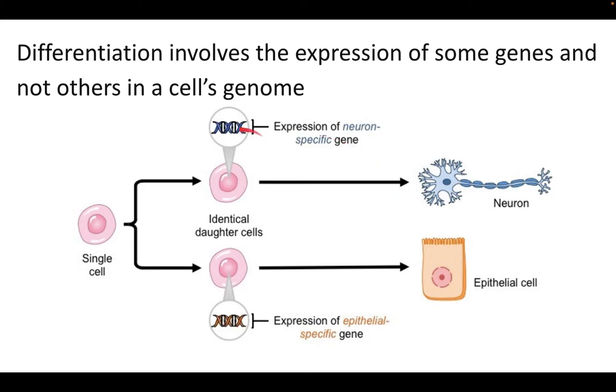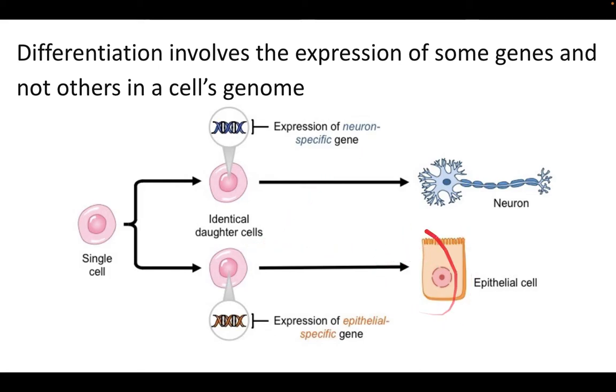It means that you will select certain recipes based on what you want. And cells are similar. So here we have a neuron. It is a neuron because within the cell that became a neuron, the neuron-specific genes were expressed, meaning their proteins were made.